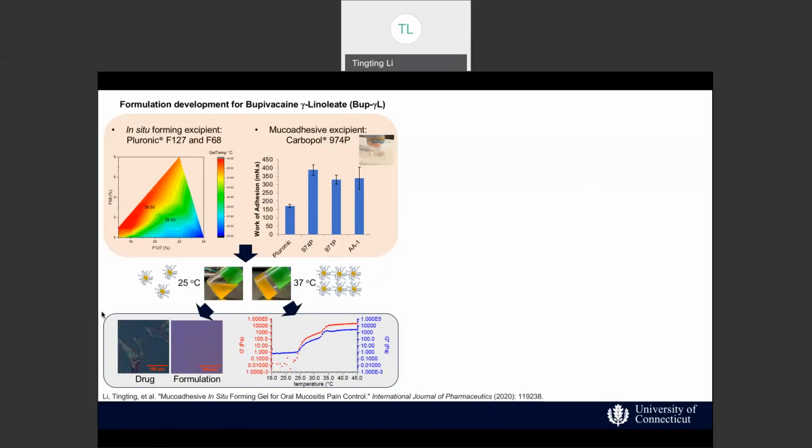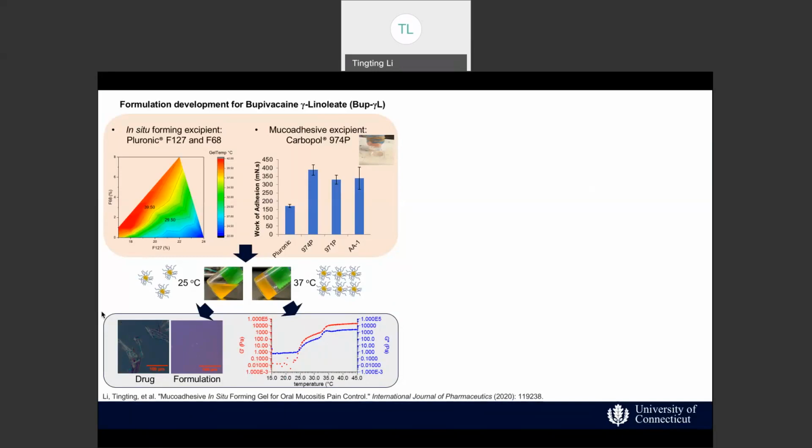This instrument can tell whether there are crystalline structures in the observed material. On the left panel with a dark blue background is the drug molecule, bupivacaine gamma linoleate. We can see the drug molecule has a crystalline structure in nature. And the second picture is a picture with a purplish background.